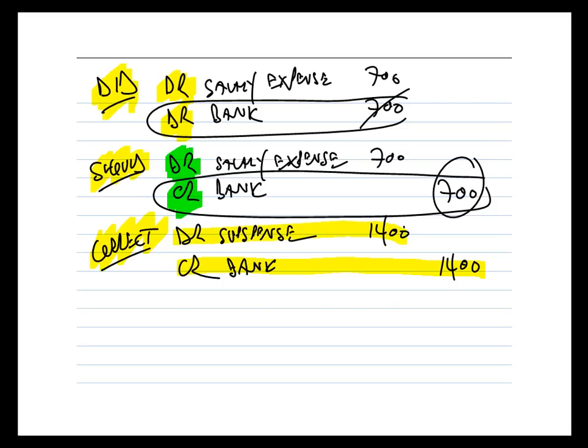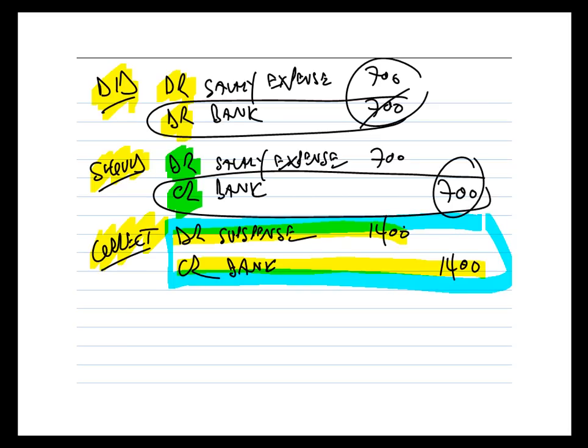And the debit is going to go to the suspense account because we didn't need to touch the bank account. If you look at the original double entry, it didn't balance. 2 debits don't balance, so this should affect the suspense account. So the correcting journal for this 4th error: debit the suspense account 1,400, credit the bank by 1,400.